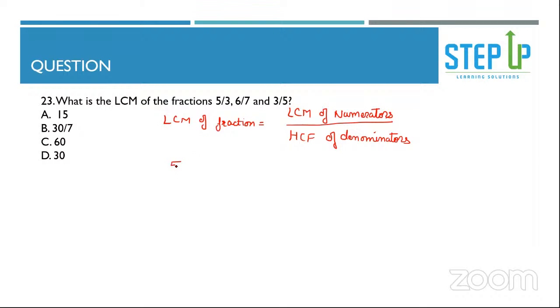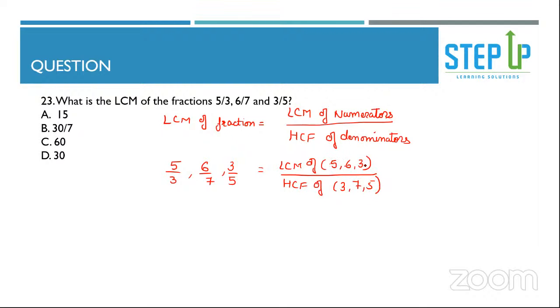So when I have to take the LCM of 5 by 3, 6 by 7 and 3 by 5, I'll take the LCM of 5, 6, 3 and I'll take the HCF of 3, 7, 5.